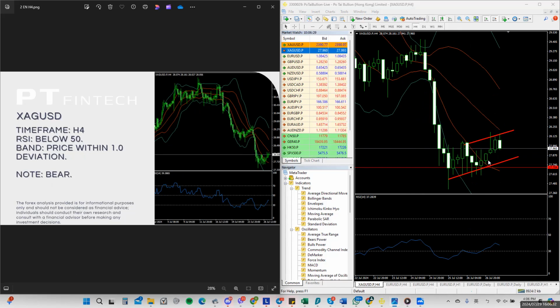Okay, so from what we're seeing via this type of combination, it's bearish, but we have to be very careful about a few things. You see this channel? It could be a bullish channel or a slight bullish channel for now. What's happening is that the tops are getting higher, the lows are getting higher as well. So if anything, I would say trade in between the 1.0 deviation band.